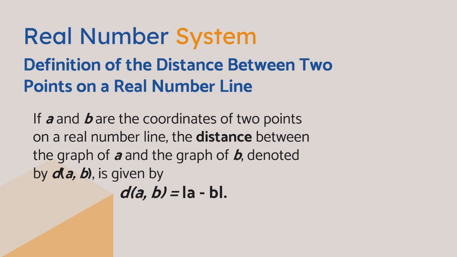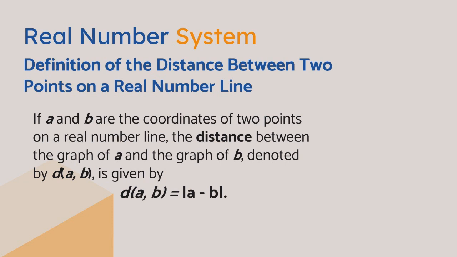But since you're in a real number line, then it's intuitive to think that you're either in the x-axis or in the y-axis. So you don't need a pair of numbers. You only need one number to describe the location of a point. The coordinate of that point is only a number.